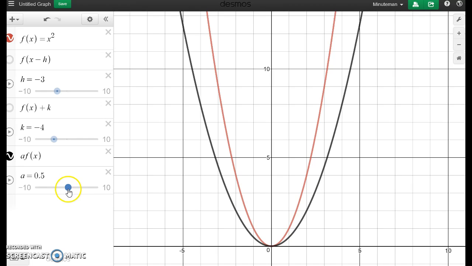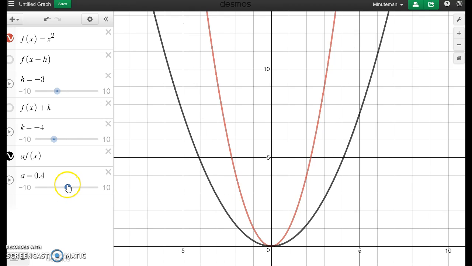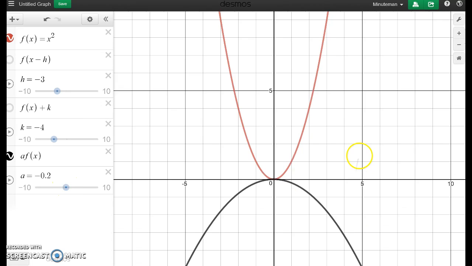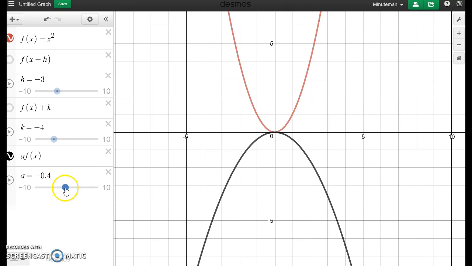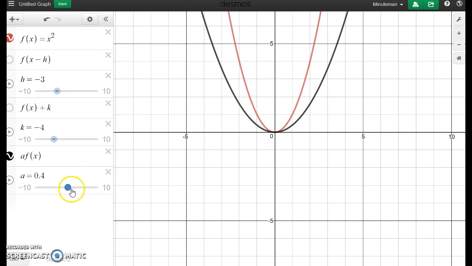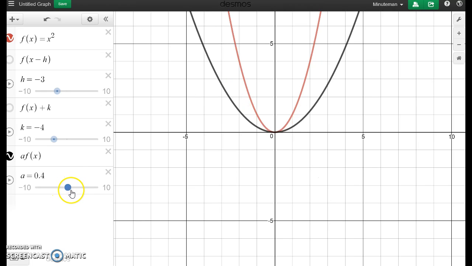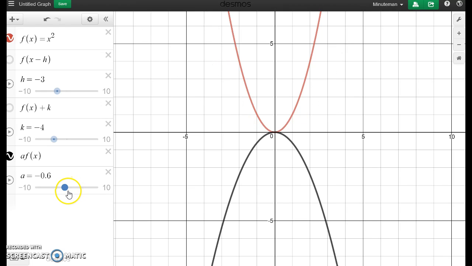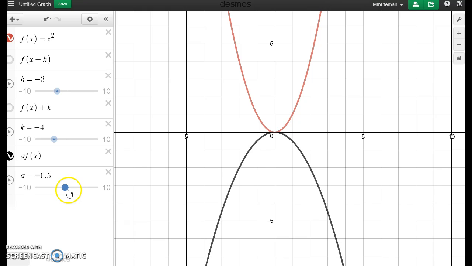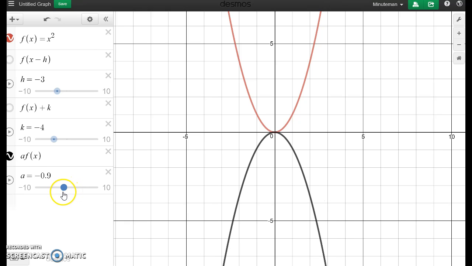Now this also leads to something else, which is what happens when a is negative. And the same thing happens, so fractions lead to these wider functions. And again, we sometimes think of fractional values as making wider functions. And it's still the case, but we also notice that it's now upside down.